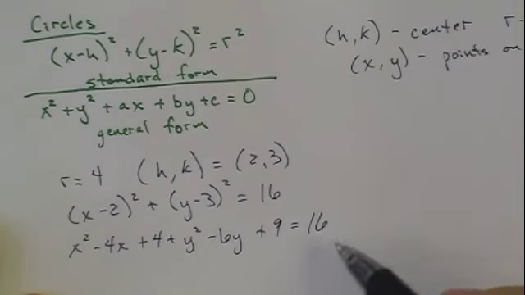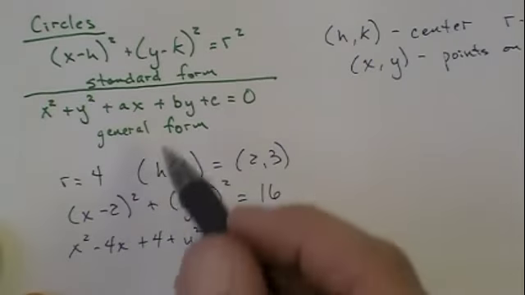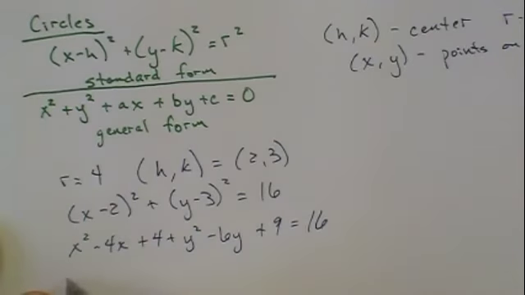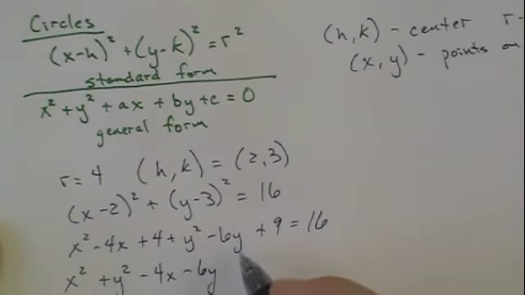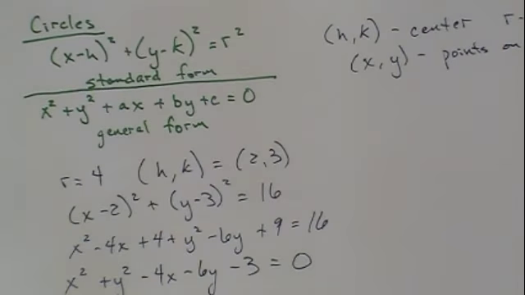So now if we combine our like terms, bring the 16 over, we can now write this equation in general form. So we would have x squared plus y squared minus 4x minus 6y plus a negative 3, or minus 3, equals 0. So there would be our equation in general form.